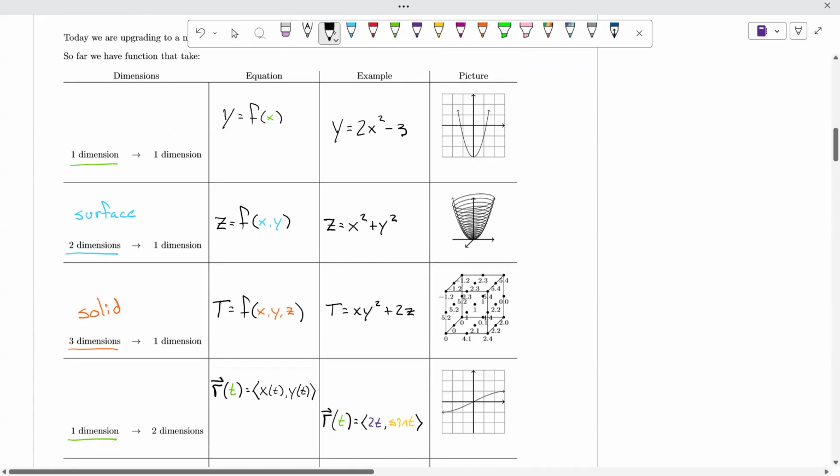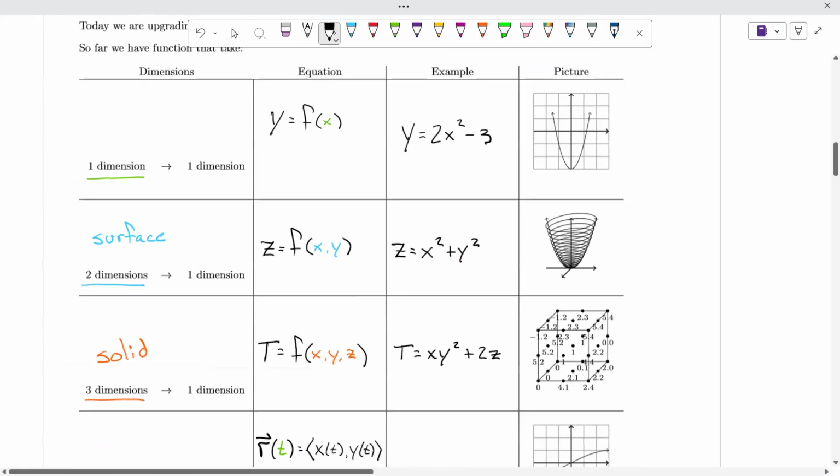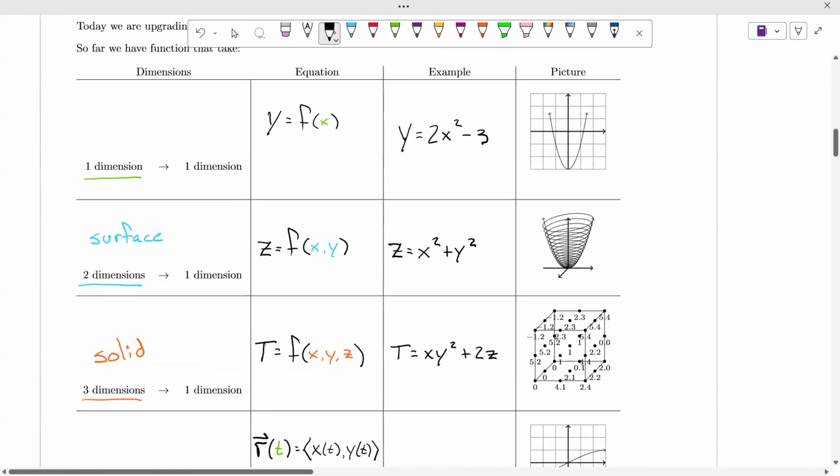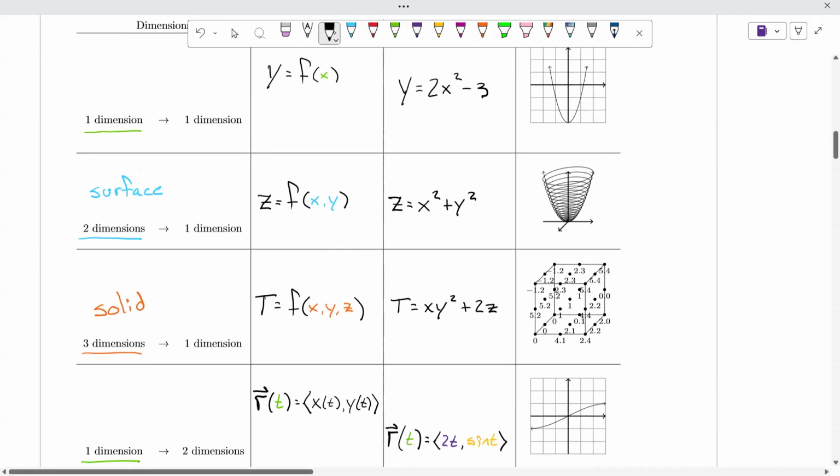So starting from 1, 2, or 3 dimensions, and then going to one dimension, that sort of function is going to be a scalar function because we'll take 1, 2, or 3 input variables, but just give ourselves a number as its output. I'm trying to highlight those three in color over here. Green for one variable, blue for two variables, and then orange for three variables. So that's x or (x, y) or (x, y, z) all going to a scalar value. So those are scalar functions, the stuff that we have already dealt with in algebra.